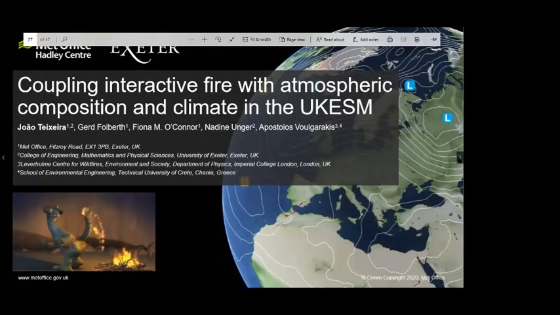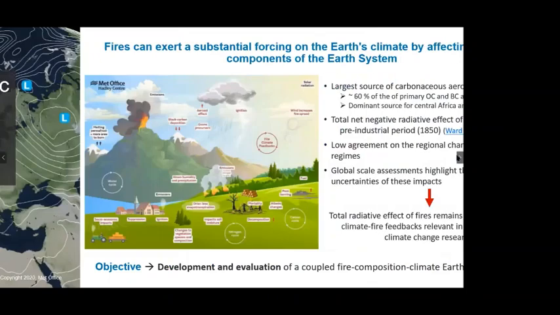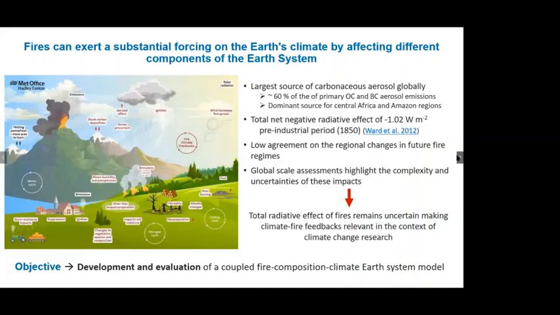Cool. Yeah, I'll be talking about coupling fire to the atmospheric model and the composition model in the UKESM. Why are we interested in doing this?